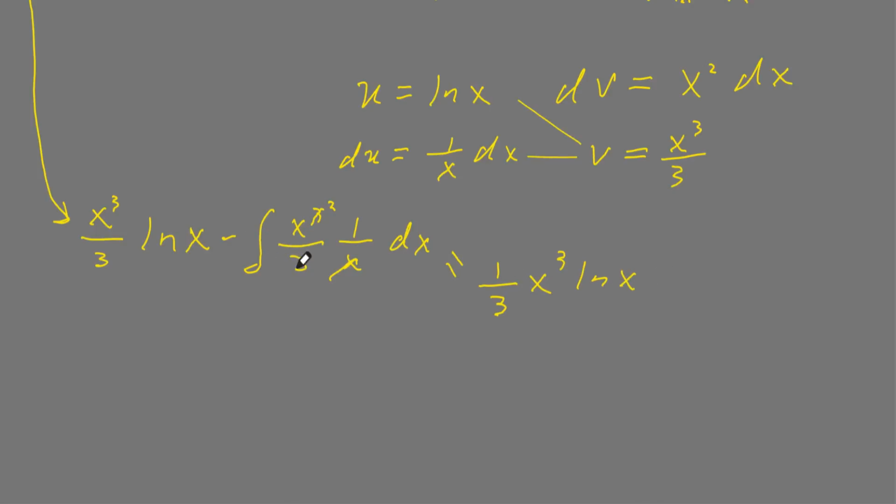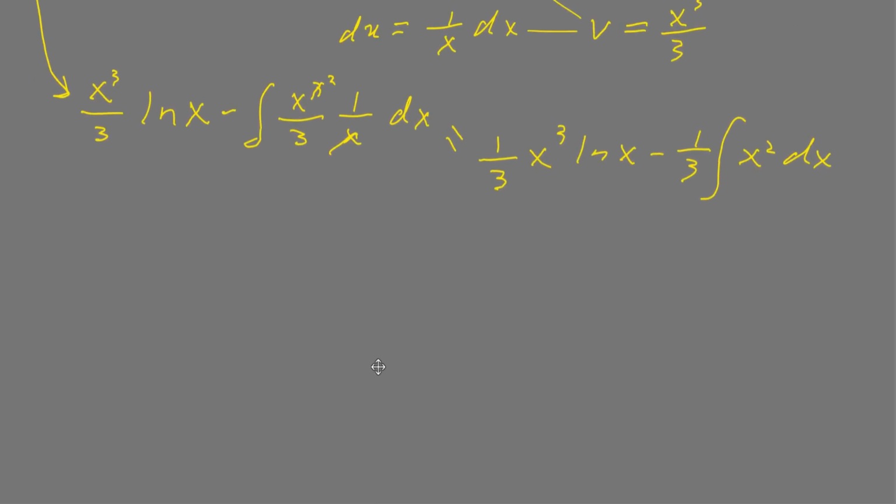And I'll take the 3 down here outside of this integral, so I'll have a minus 1/3 times the integral of x squared dx. And that's equal to 1/3 x cubed times ln of x minus 1/3, and you can just do this by the power rule, and you get x cubed over 3 again, plus an integration constant.